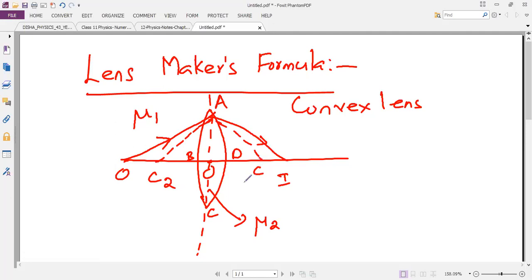This is C1. Okay. The distance between the optical center and C2 is the radius of curvature, R1 and R2. This is R2. This is R1.